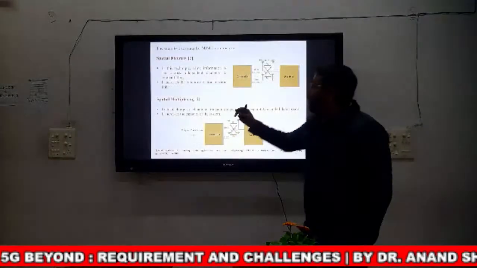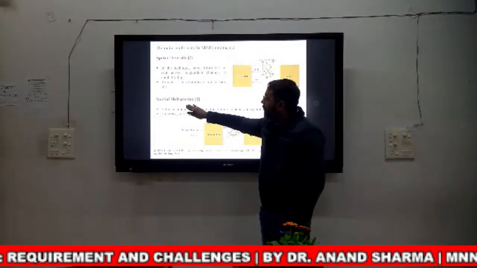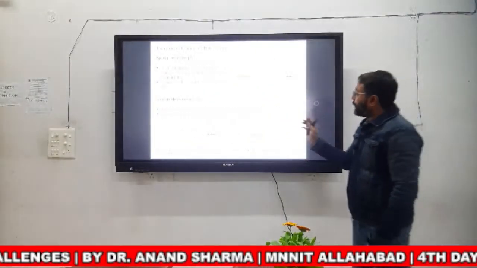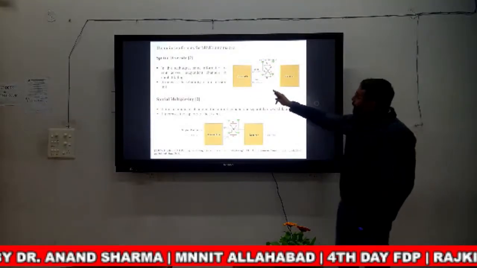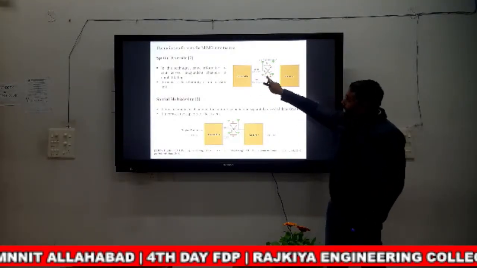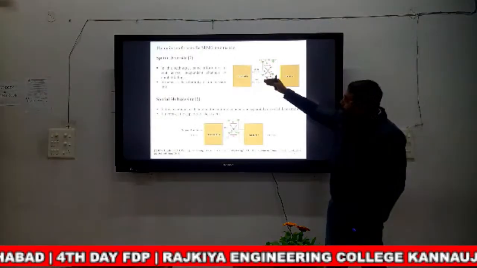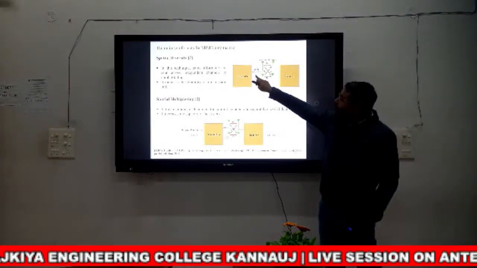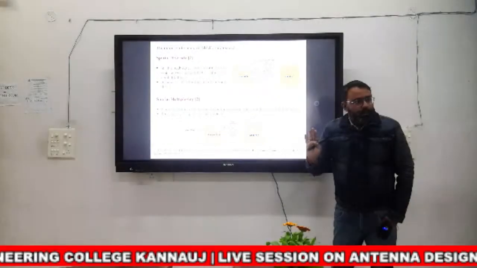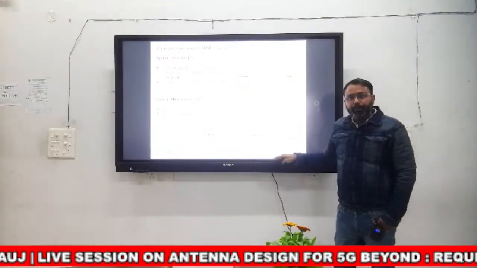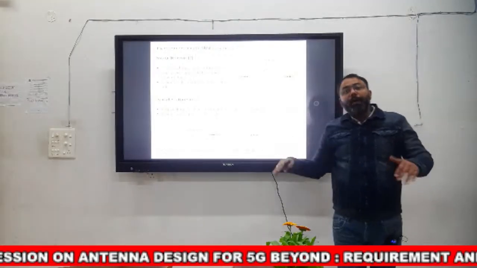One is spatial diversity, another one is spatial multiplexing. Okay, in case of spatial diversity, I have put one diagram here. You are transmitting the same message signal by using multiple antennas. My message information is 101001. Okay, and I transmit this information to multiple antennas. That will increase the reliability.